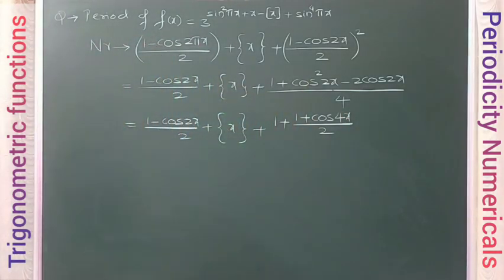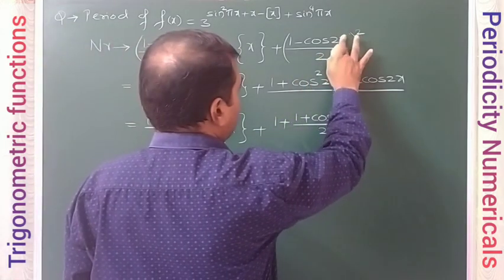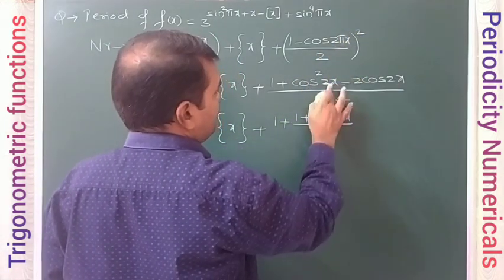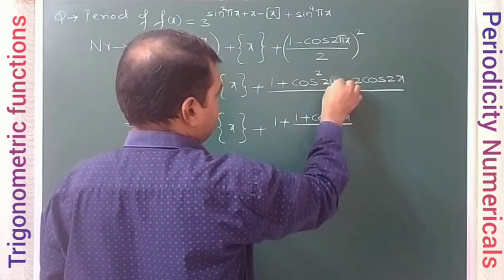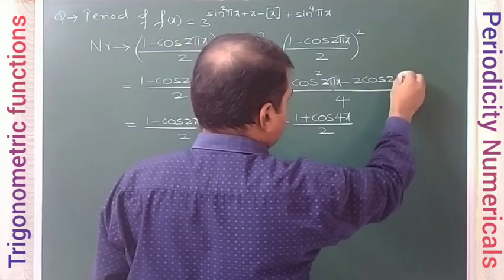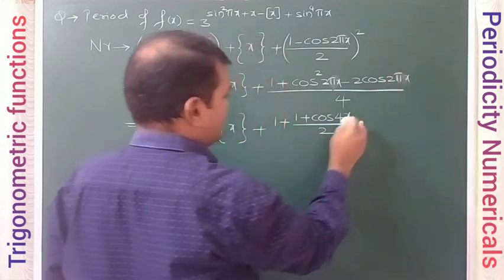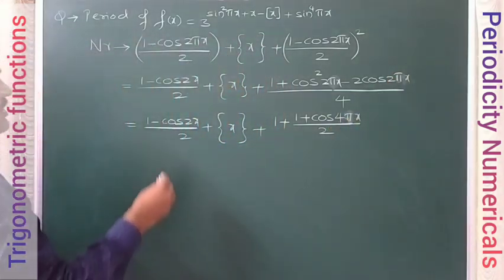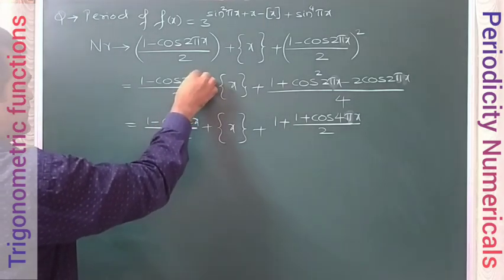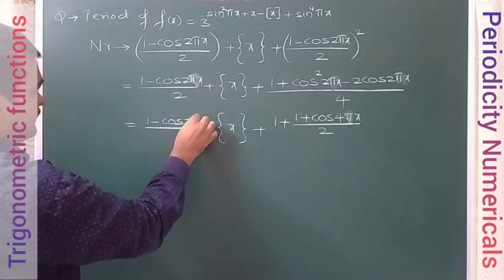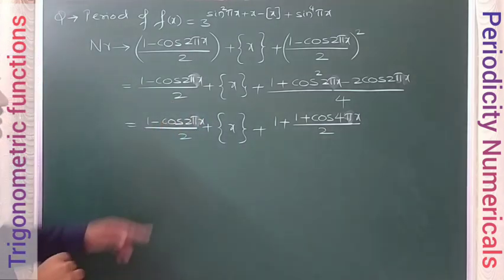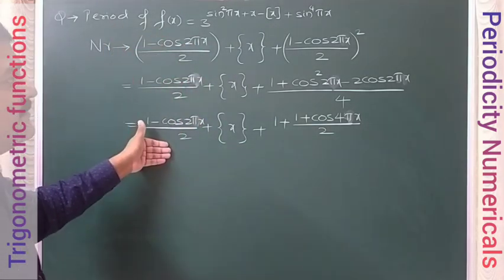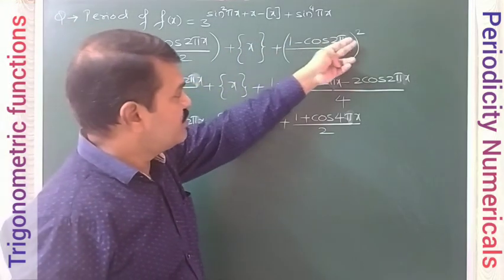I should write 2 pi x here, so cos square 2 pi x becomes 1 plus cos 4 pi x by 2.